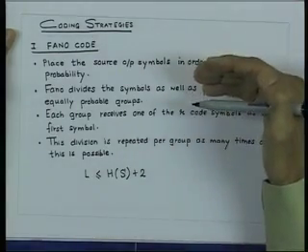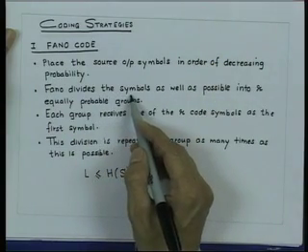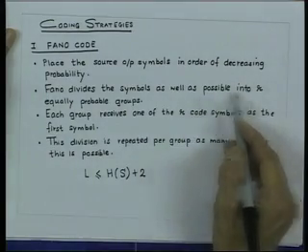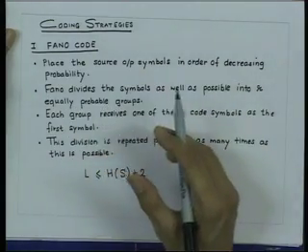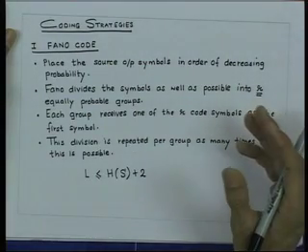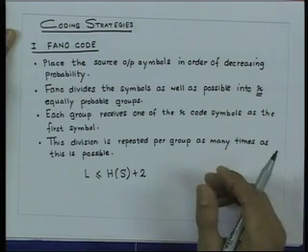Then the next step is basically to divide the symbols as well as possible into r equally probable groups. So, r is the size of the code alphabet which we want to use for coding.